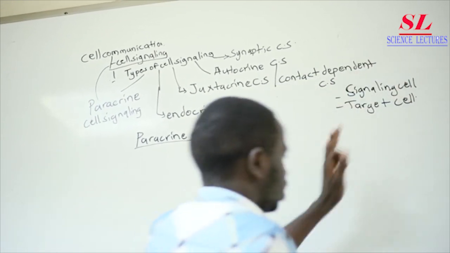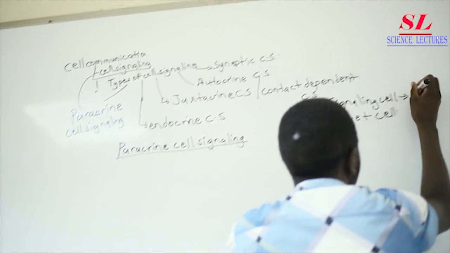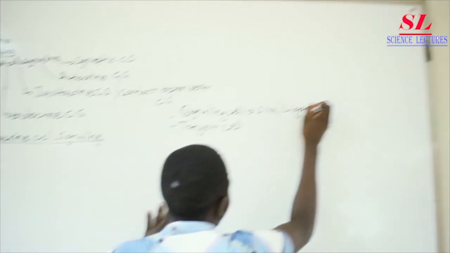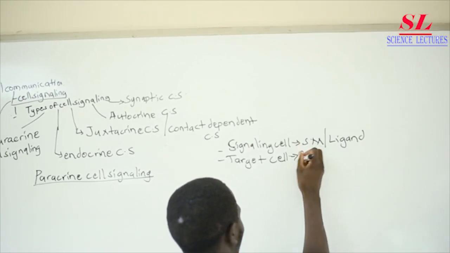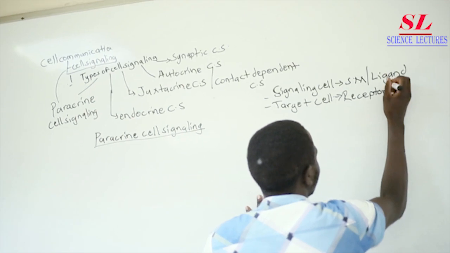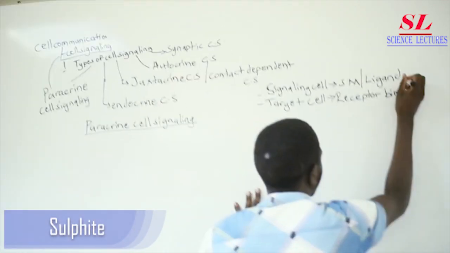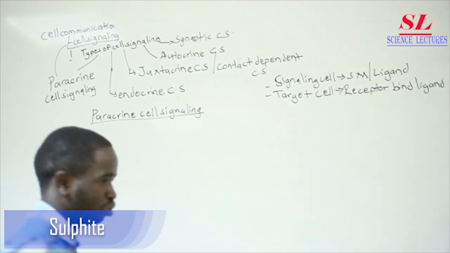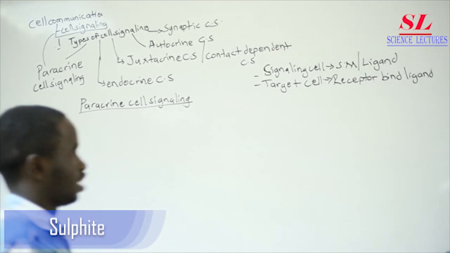A signaling cell is the one that will be producing a signaling molecule, which they can call a ligand. Then the target cell is the one that has the receptors that can bind the ligand. So I didn't want to say those terms when you guys are not aware.